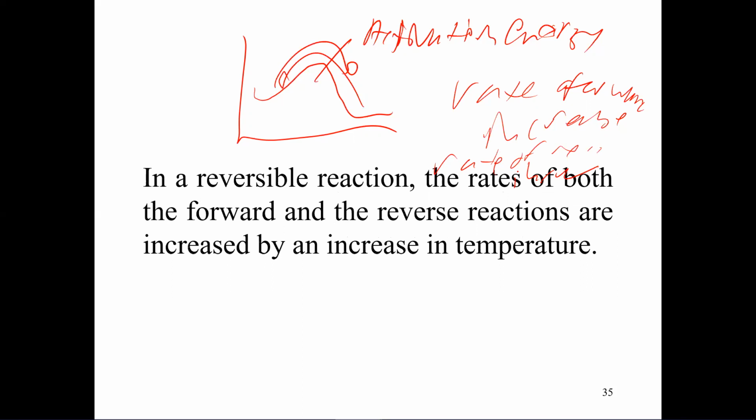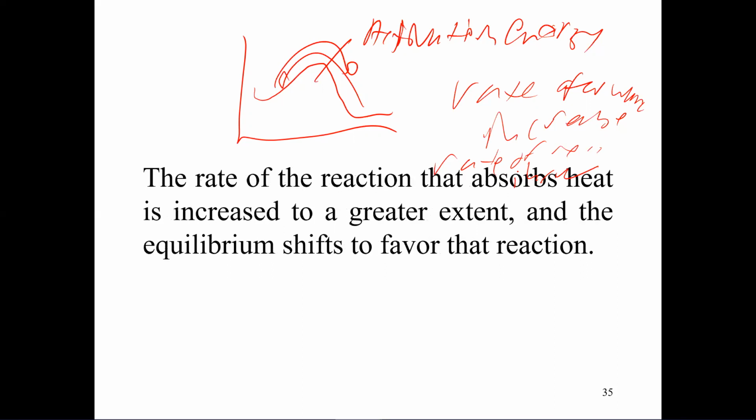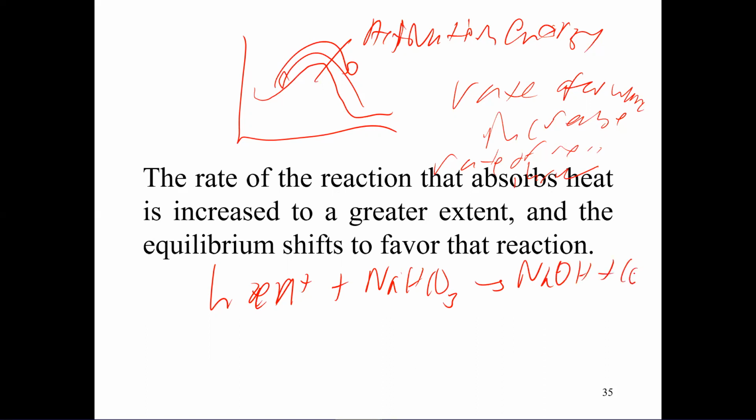In a reversible reaction, the rates of both the forward and the reverse reactions are increased by an increase in temperature. The rate of the reaction that absorbs heat is increased to a greater extent, and the equilibrium shifts to favor that reaction. So if you've got heat plus, for example, sodium hydrogen carbonate, it will form sodium hydroxide and carbon dioxide.